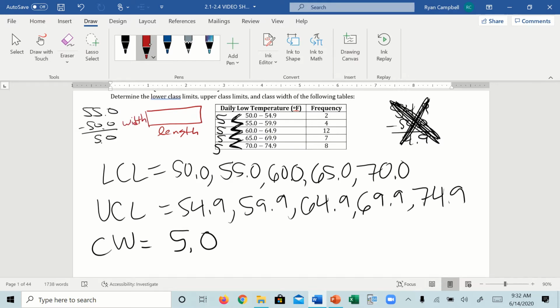So if you're doing 54.9 minus 50, you're kind of talking about the length of it, not the width of it, right? The width goes between the classes. So again, if that wasn't helpful, don't worry about it, but I like stupid things to help me remember things. So yeah, remember we're going between the classes.